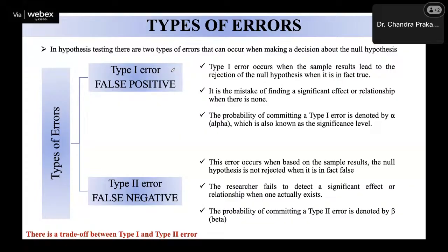While in case of the Type 2 error, it occurs when, based on the sample result, the null hypothesis is not rejected when it is in fact false. The researcher fails to detect a significant effect or relationship when one actually exists. We represent it as beta.